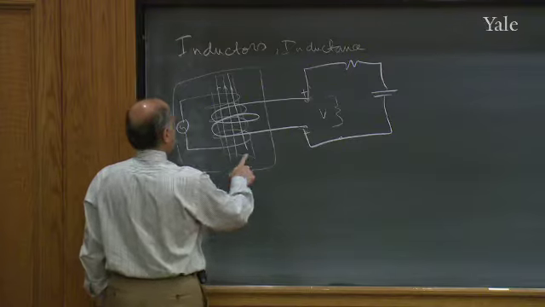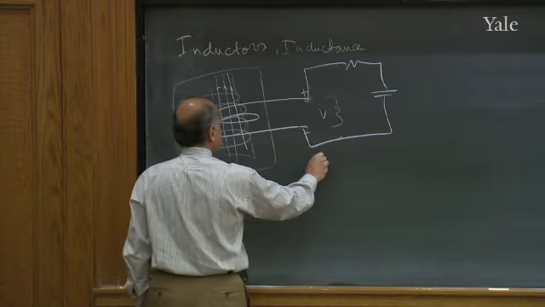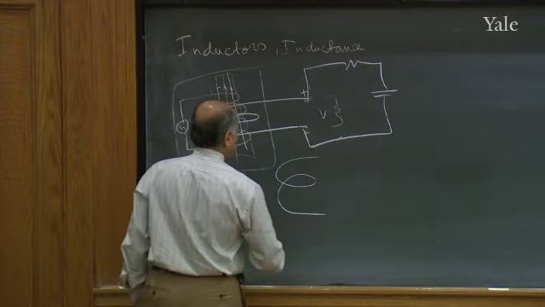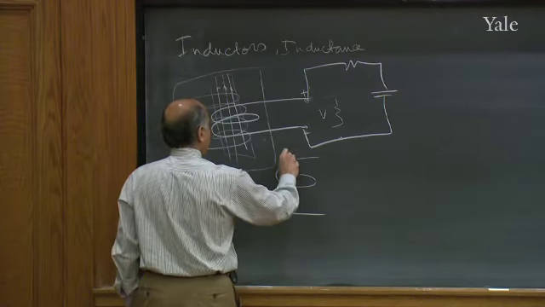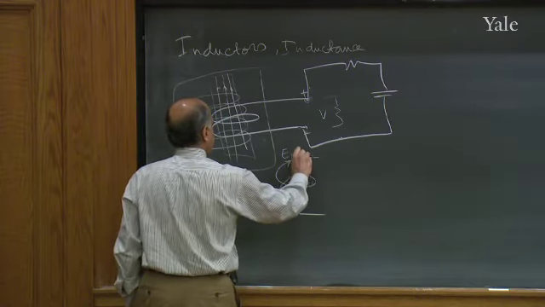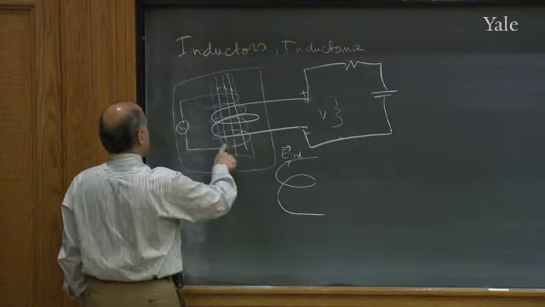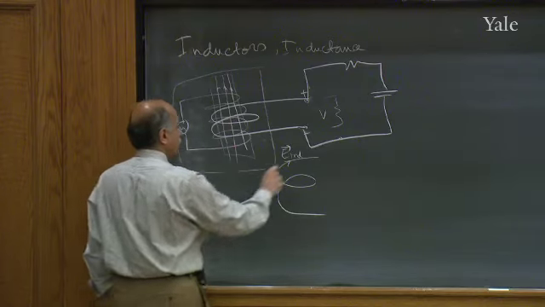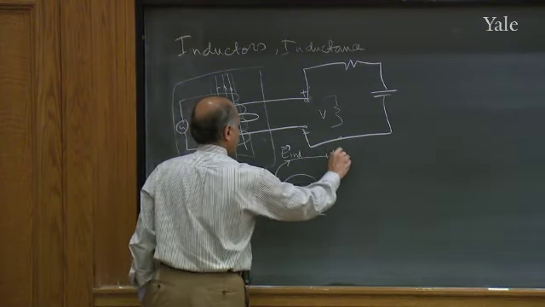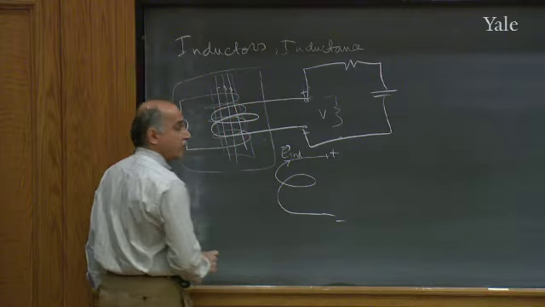Once again, what happens is, if you look at this coil, there may be an electric field that is induced now due to the changing flux of that. They'll try to build up charges here and take them out of this end.